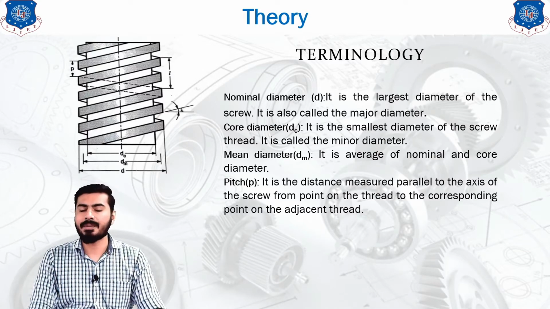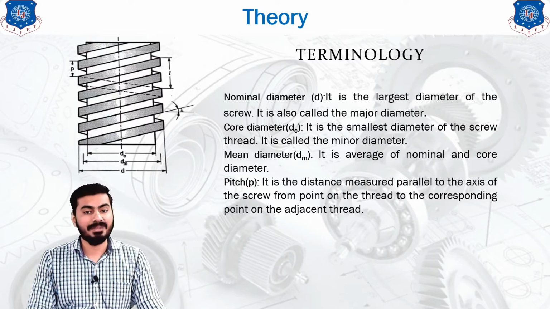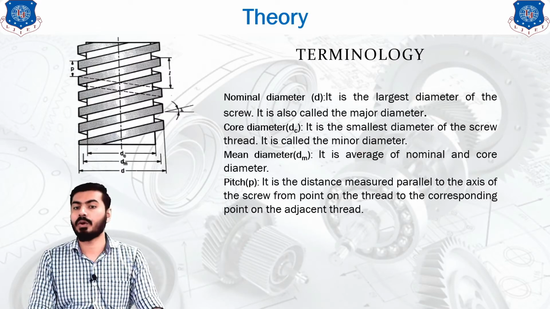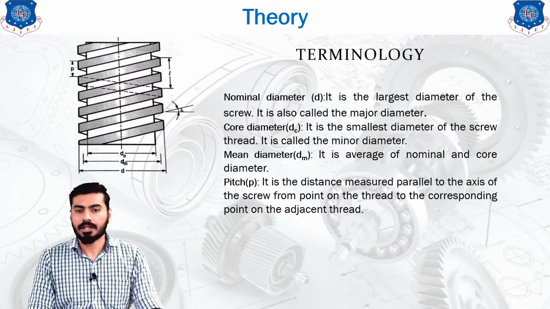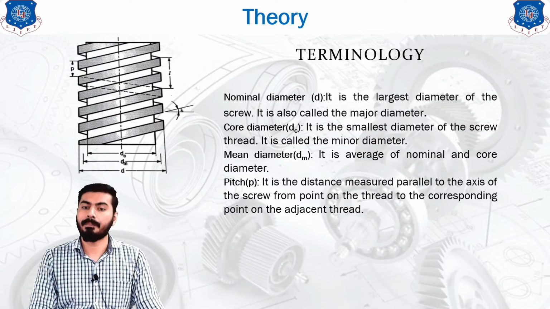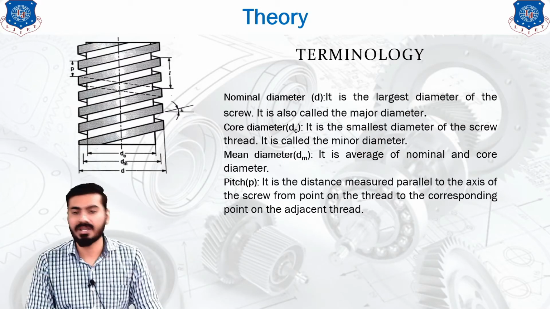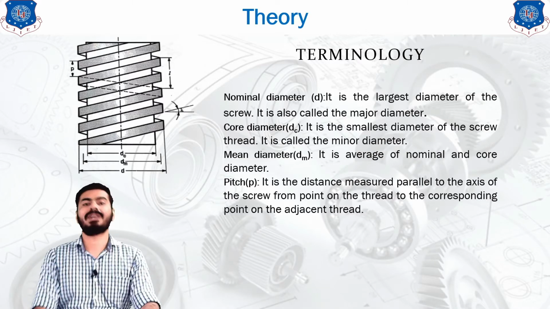The nominal diameter, represented by D, is the largest diameter of the screw. It is also called the major diameter. The core diameter DC is the smallest diameter of the screw thread. It is called the minor diameter. And the mean diameter DM is the average of the nominal and the core diameter.